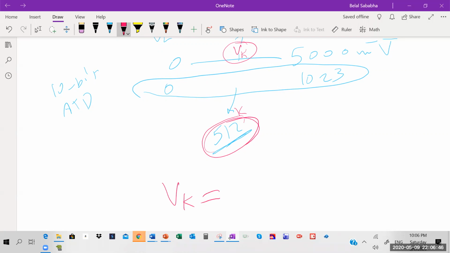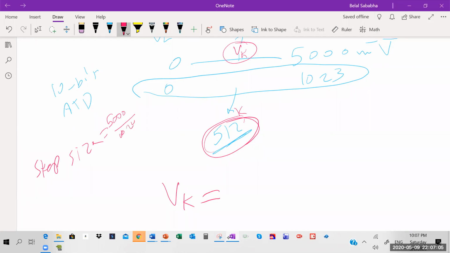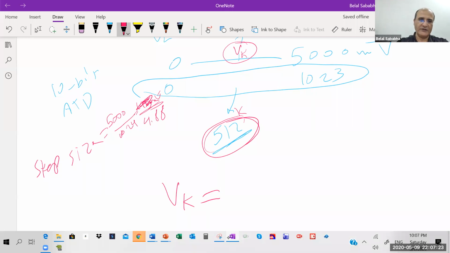The resolution multiplied by the level. 512 times the resolution, right? Because I know the step size. The step size is 5000 divided by 2 to the 10, which is 1024, and this is 19.5 millivolt. So I have 512 times 19. Exactly, that's correct. Doctor, wasn't it 4.88, not 19? Sorry, 4.88 is for the 8-bit.